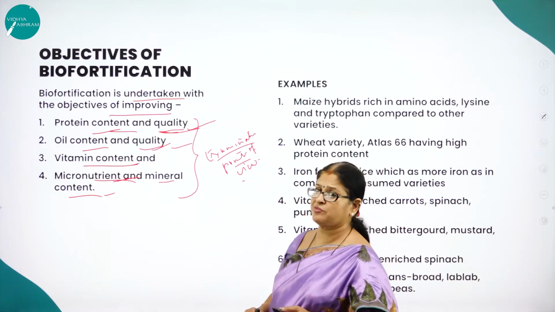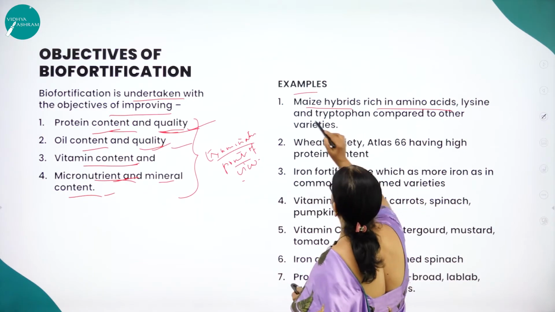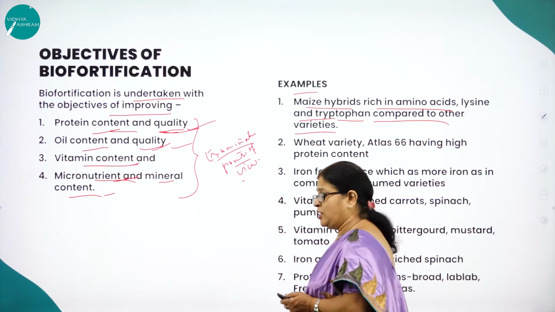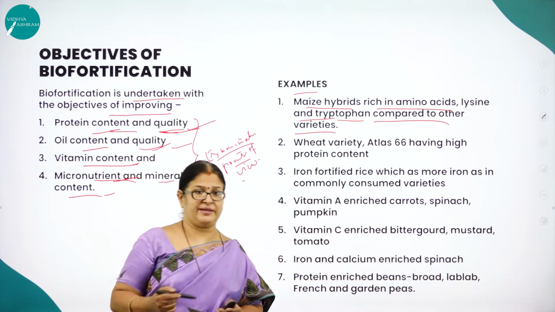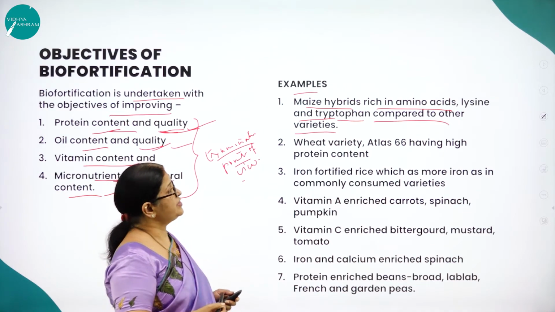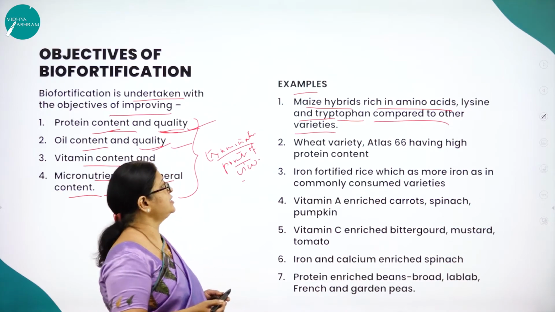Now let us study some of the examples. Maize hybrids rich in amino acids like lysine and tryptophan compared to other varieties. So you develop, through plant breeding techniques or biofortification, a maize hybrid which is rich in amino acids like lysine and tryptophan compared to other crops.